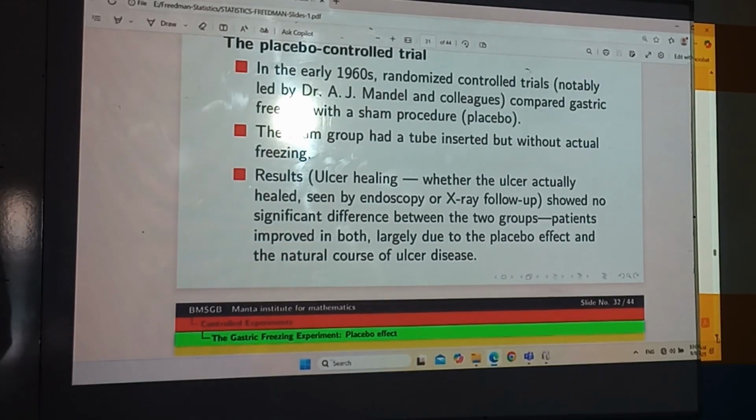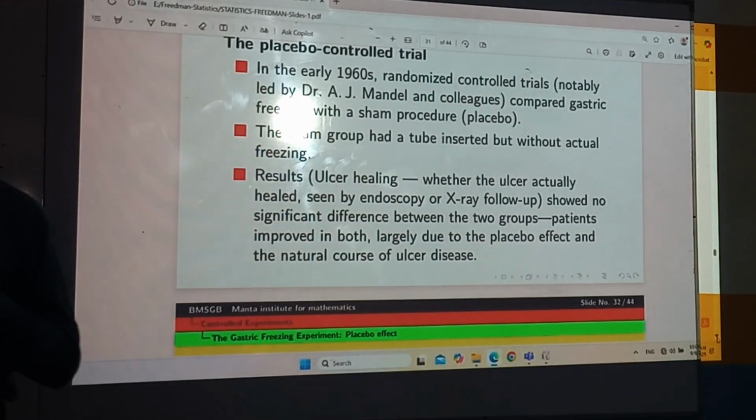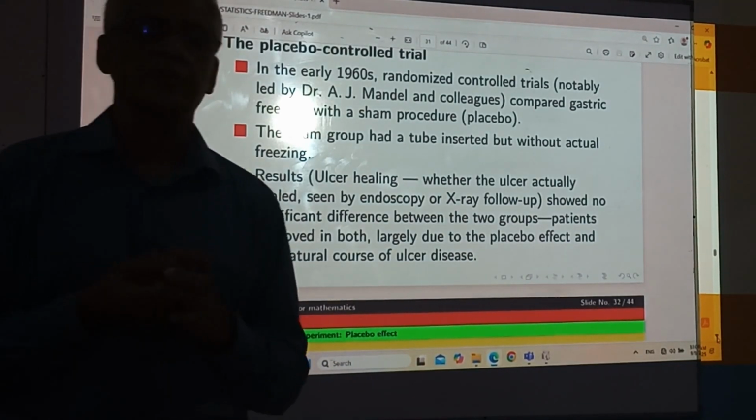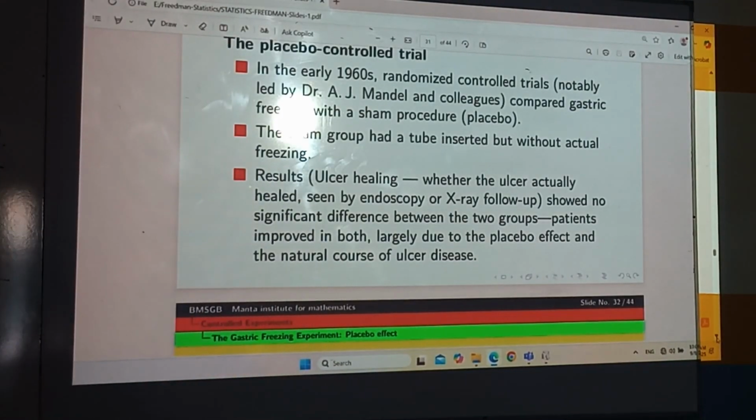It was a similar method, but not doing the same thing that the previous treatment was doing. In that experiment, they saw that there is no real effect of the treatment. This gastric freezing method doesn't have a real effect.